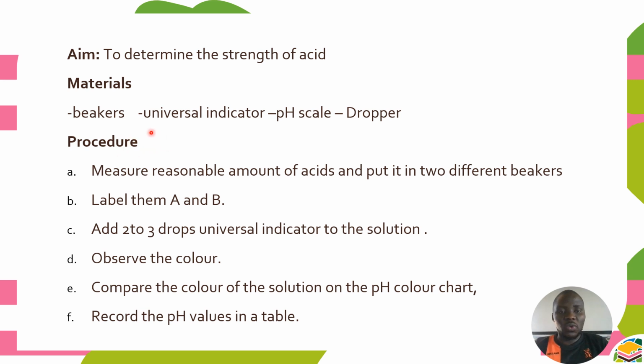Procedures that we can follow to determine strength: measure a reasonable amount of the acids to be tested and put them in two different beakers. Label the beakers A and B, add 2 to 3 drops of universal indicator to the solutions, and observe the colors. After you have observed the colors, compare the colors on the standard pH color chart. Record the pH values.